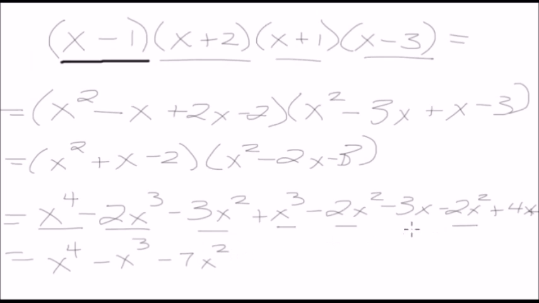I look for any x terms. I have 2 plus x. And finally, my constant term plus 6. So you see, by systematically expanding smaller portions of the factored form, I'm able to expand this polynomial out into its longer polynomial form.